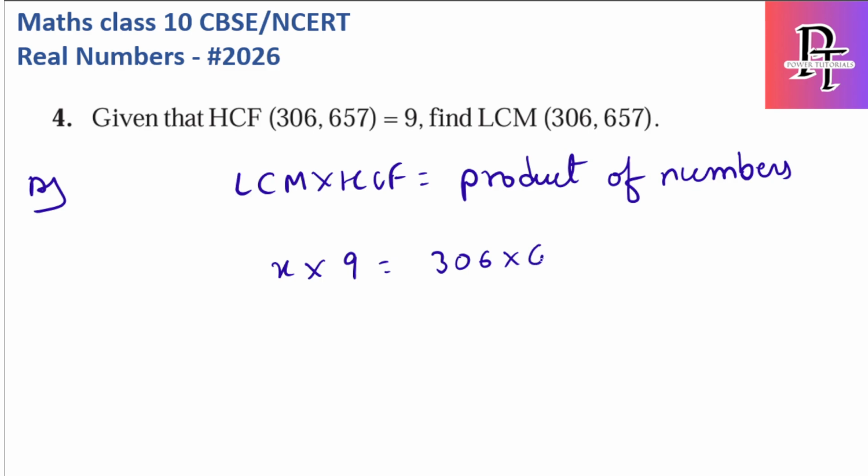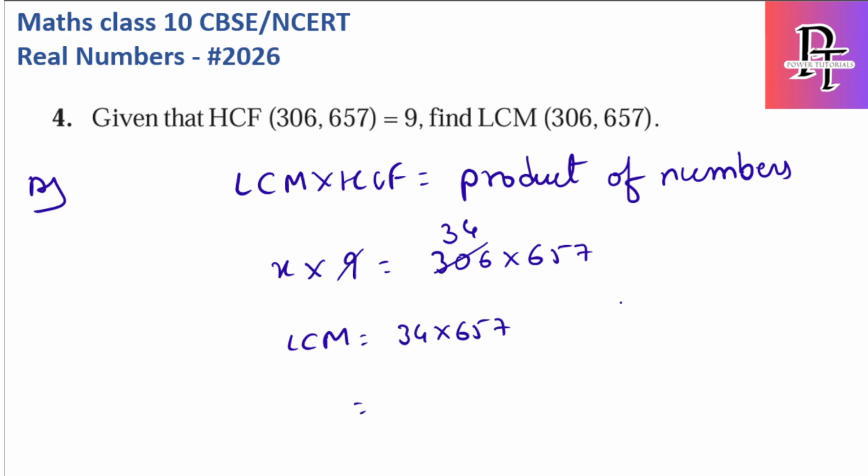The numbers are 306 and 657. If I divide 306 by 9, yes, it gets divided: 9 3s are 27, 9 4s are 36, so it gives 34. So the LCM is equal to 34 into 657.